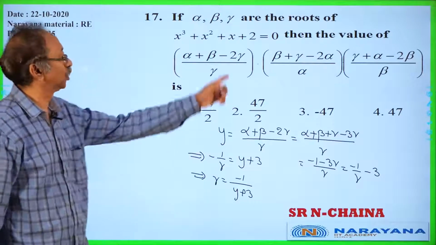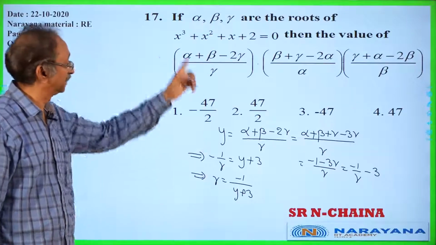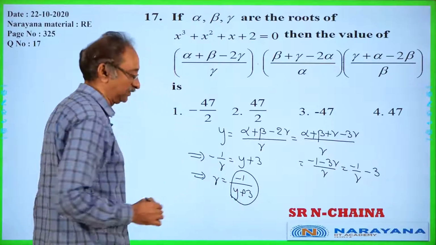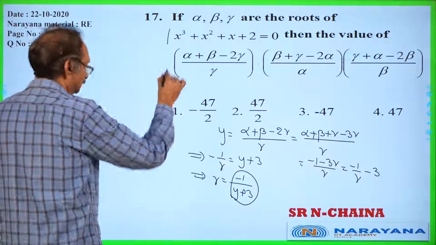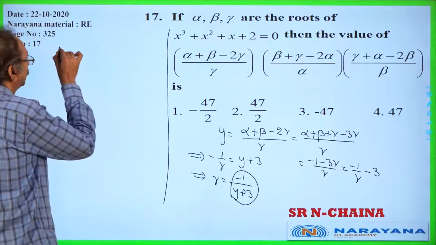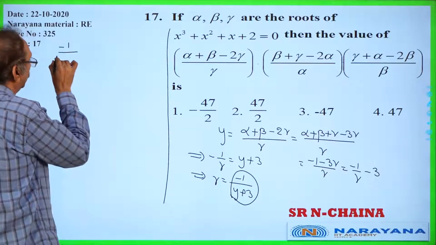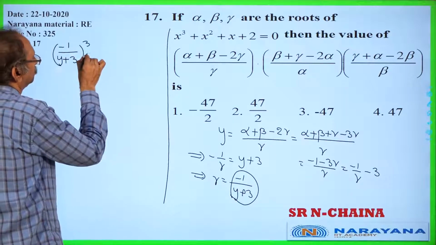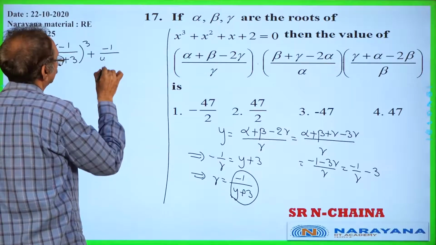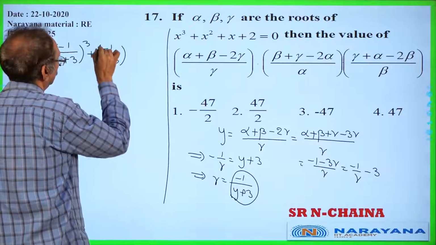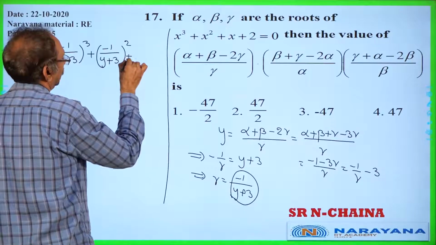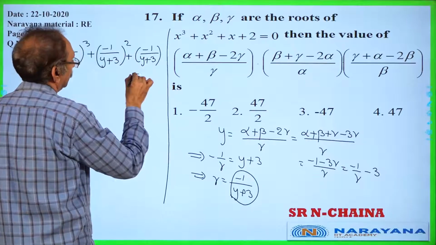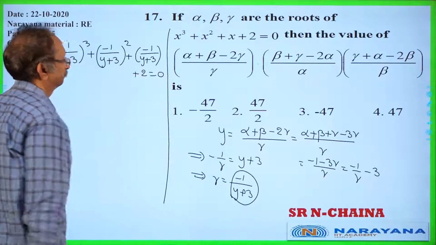And gamma is a root of that equation. So in place of x I can write gamma. That means in place of gamma I can write minus 1 by y plus 3. Therefore, the final equation is, in place of x write minus 1 by y plus 3, whole cube, plus minus 1 by y plus 3, whole square, plus minus 1 by y plus 3, plus 2 is equal to 0.